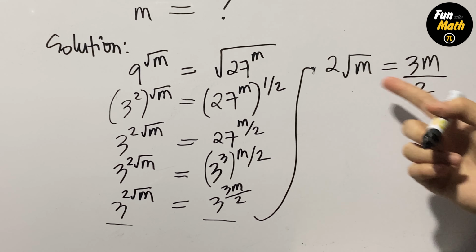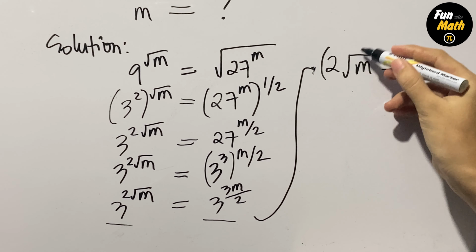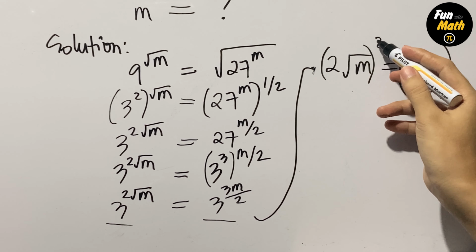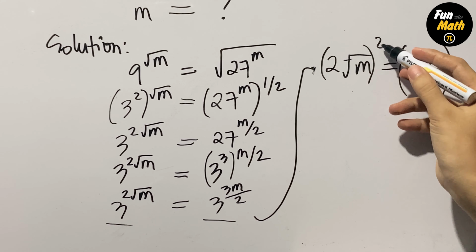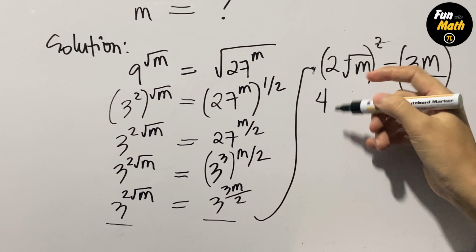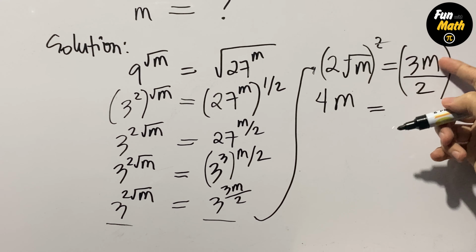And then next is, in order to remove the square root, we are going to square both sides. So here the square root will be cancelled. While the 2, when we square it, that is 2 times 2, that is 4, and then times m, or 4m, equals 3m over 2 squared, that is equal to 9m squared over 4.